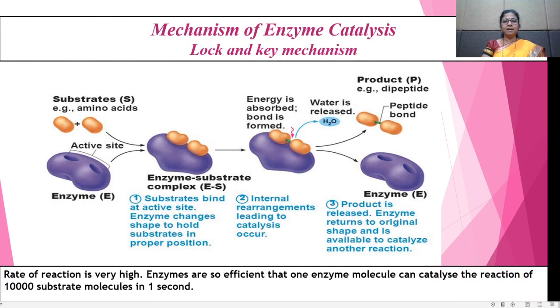Now see the mechanism of enzyme catalysis, how these enzymes catalyze the reaction. This type of mechanism is called the lock and key mechanism. In this mechanism there is the enzyme, and this enzyme has an active site.